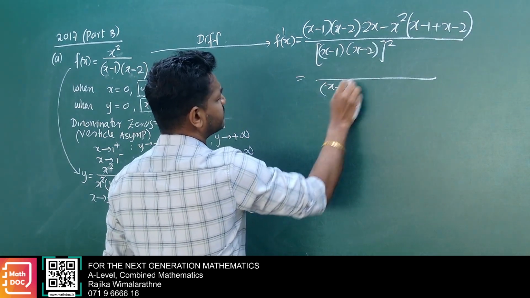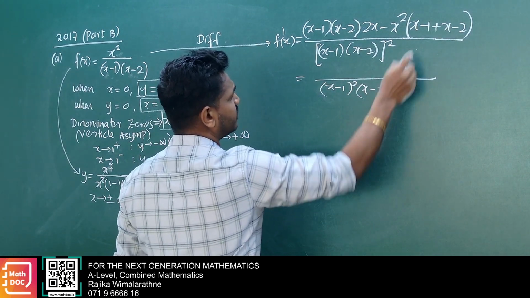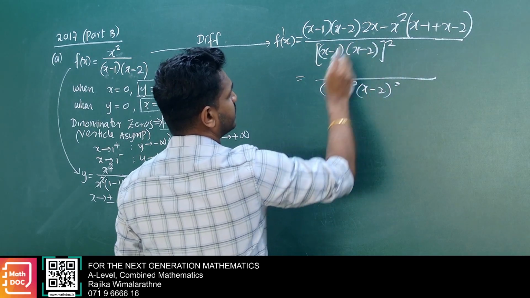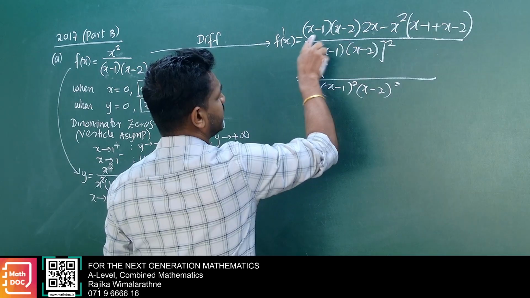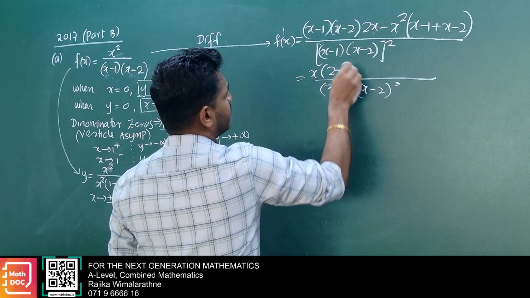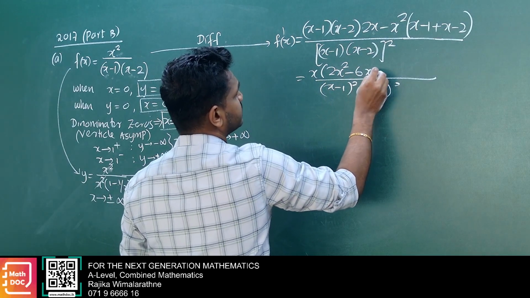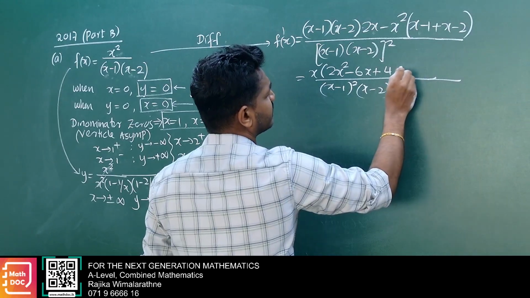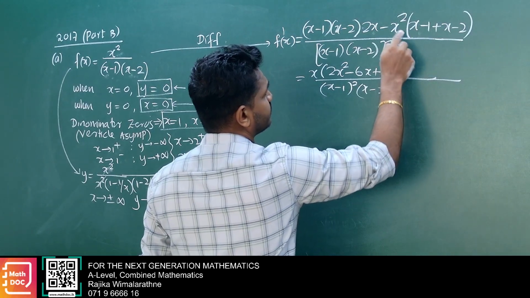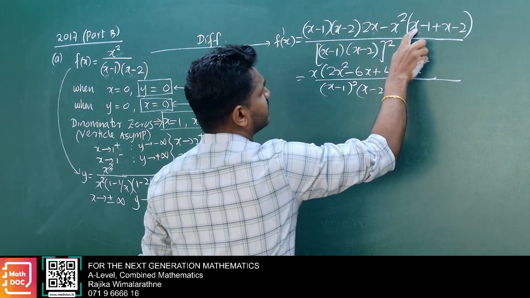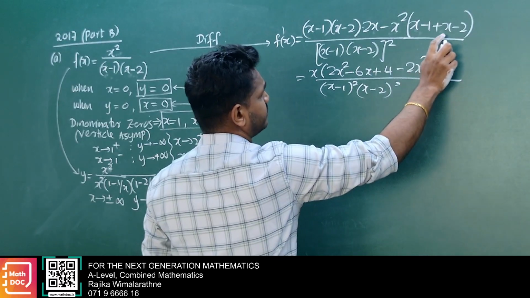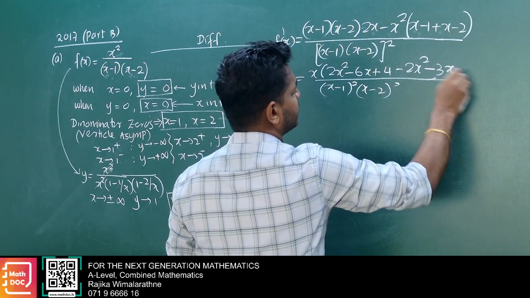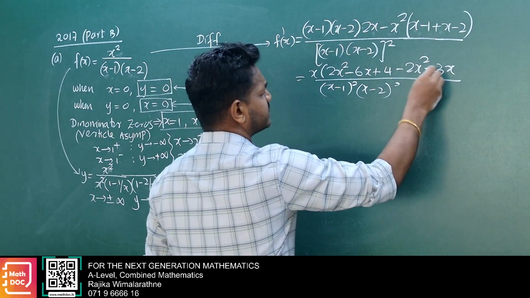Here (x minus 1) square, (x minus 2) square, get common terms outside. Here x is common, take it outside, then expand this. 2x square minus 6x plus 4 minus, here 2x square minus 3x plus 3x.